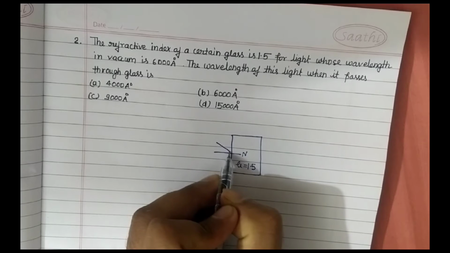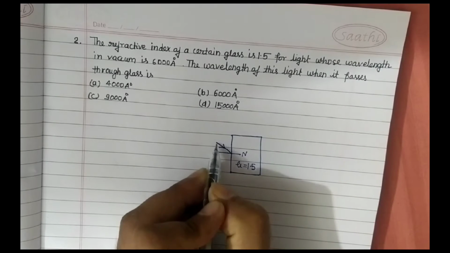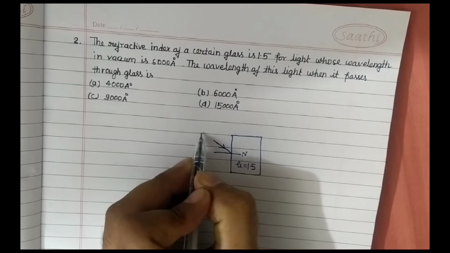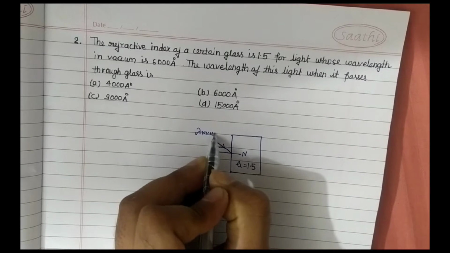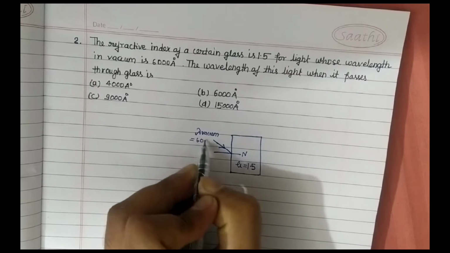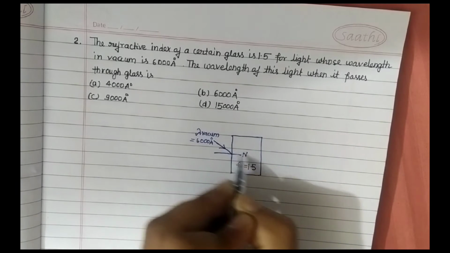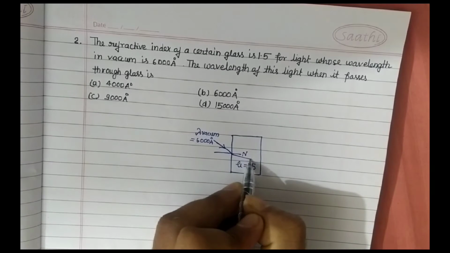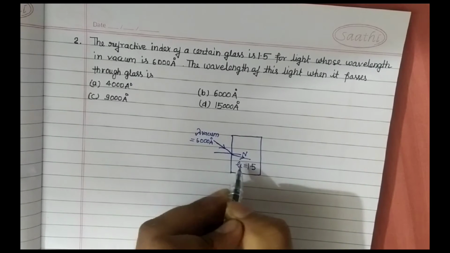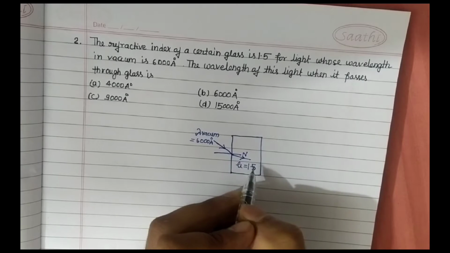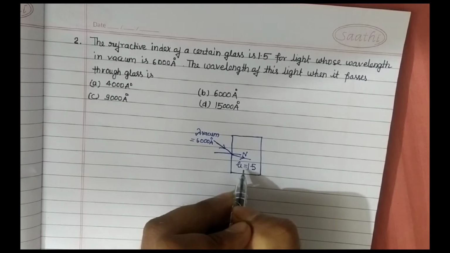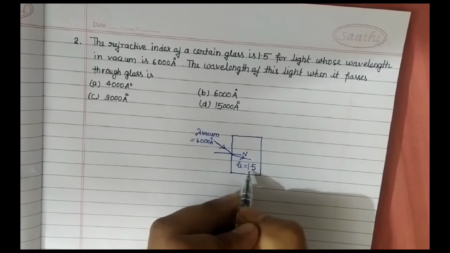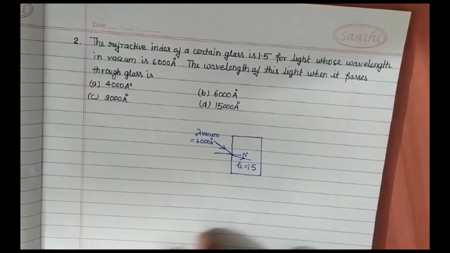Suppose a light ray is coming from air or vacuum whose wavelength in vacuum is given to us as 6000 angstrom, and so it will bend towards the normal. From air to the glass it is coming, so refractive index of air is 1 and refractive index of glass is 1.5. So refractive index of glass is more, so it will be denser, so it will bend towards the normal.